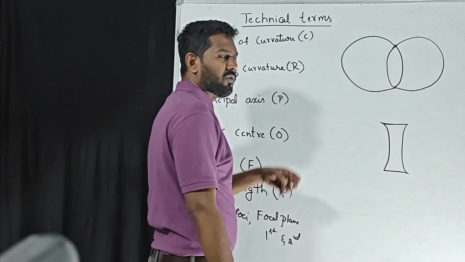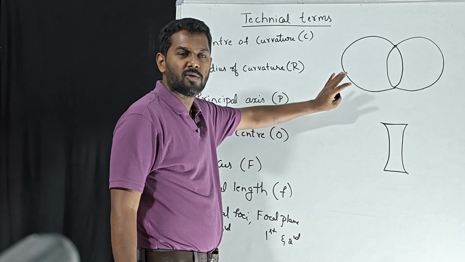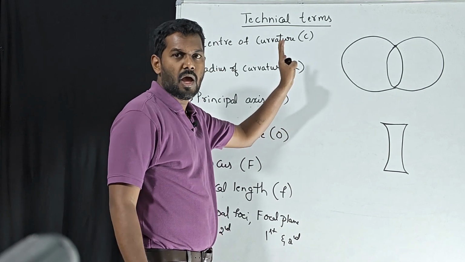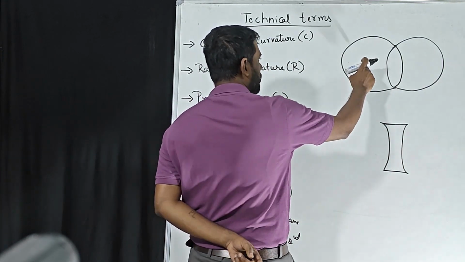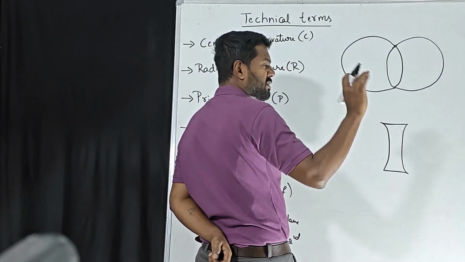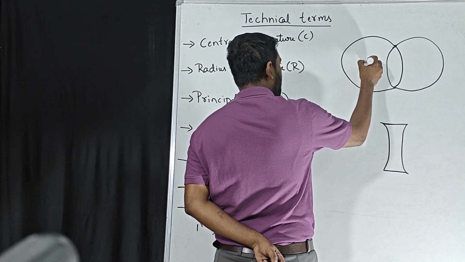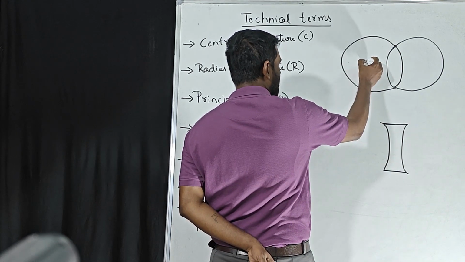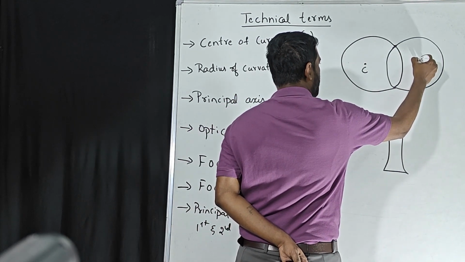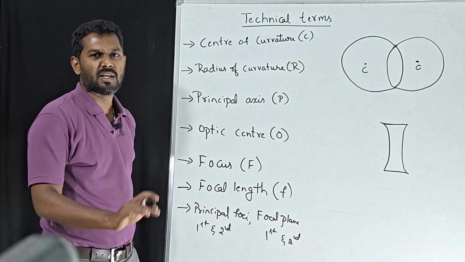If you take a scale and measure properly, you get two proper circles, so the size and shape will be exactly similar. So here, the center of the spherical lens, the center of both the lenses, are called the center of curvature. That's it.